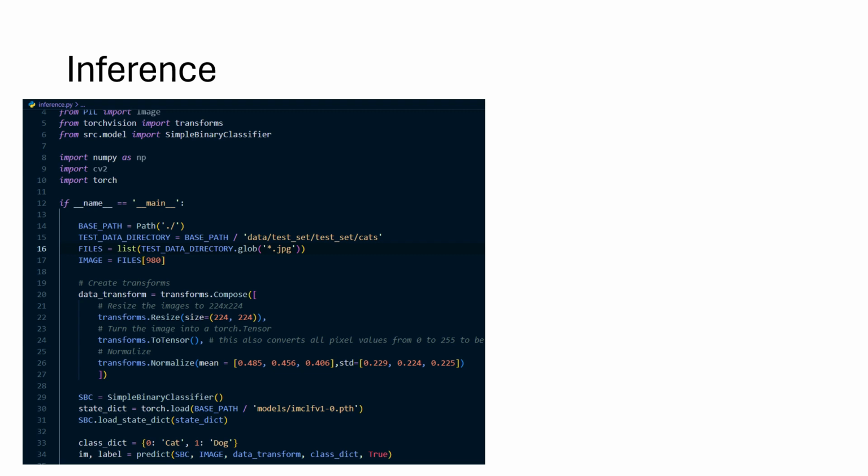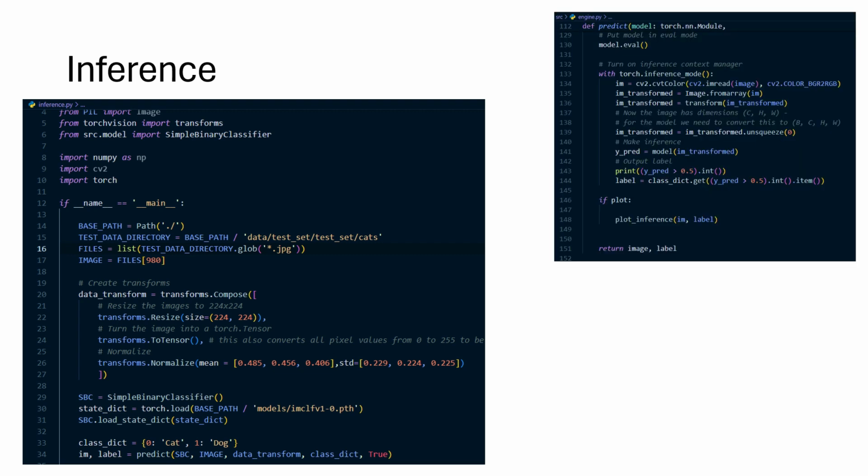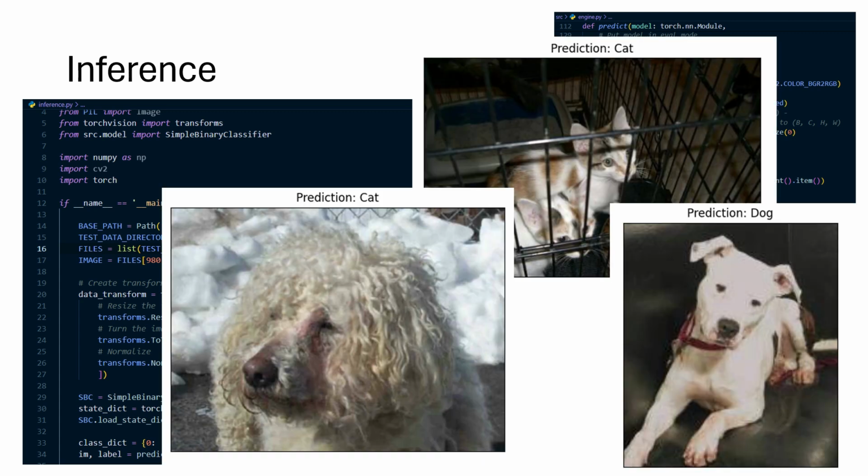The predict function is in the engine.py file and looks like this. This is how the current model performs on unseen data. One of the images of a dog is wrongly predicted as a cat. Again, this is not the final model, so we are not concerned about the accuracy in this video.